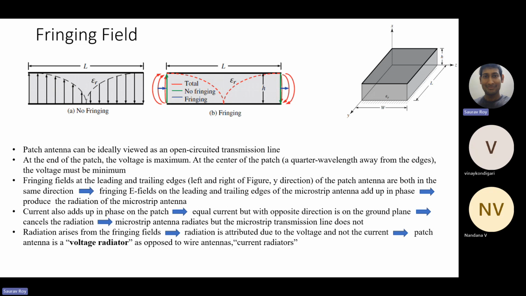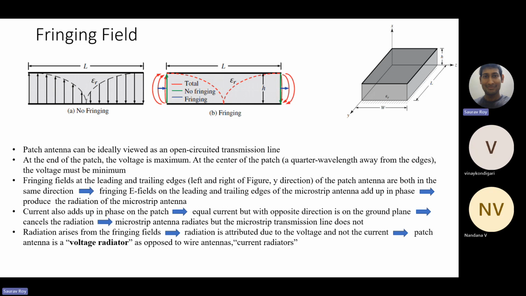This blue arrow in the middle picture is the horizontal component, and this horizontal component is the actual component responsible for our radiation. Remember, the electric field components on the top and bottom sides are vertical, but on the other two sides the blue arrows are in the same direction. Okay, so that is why they contribute to radiation.